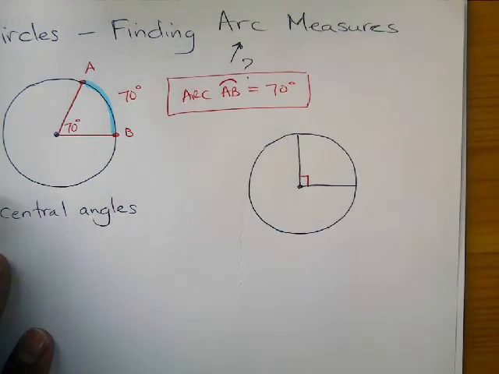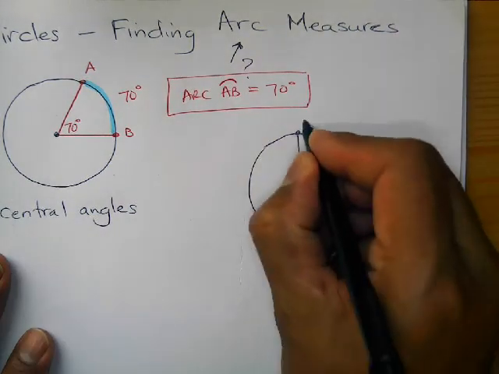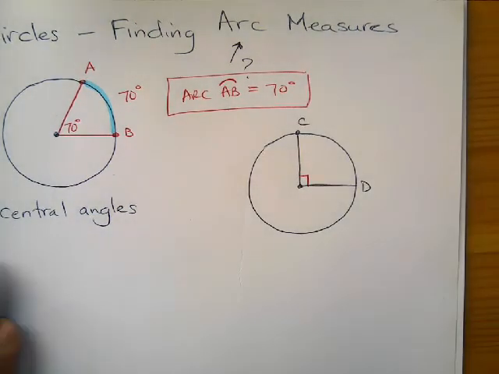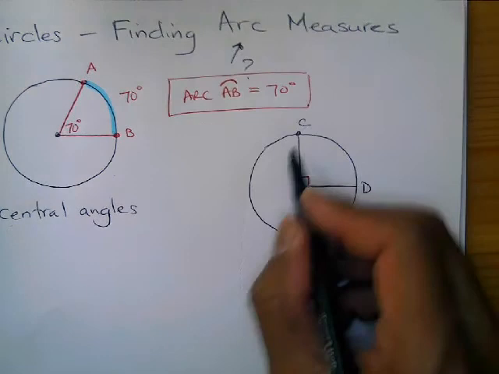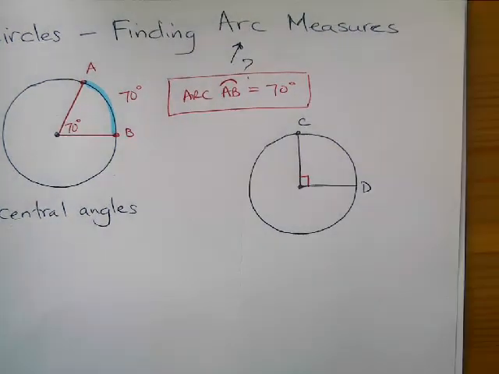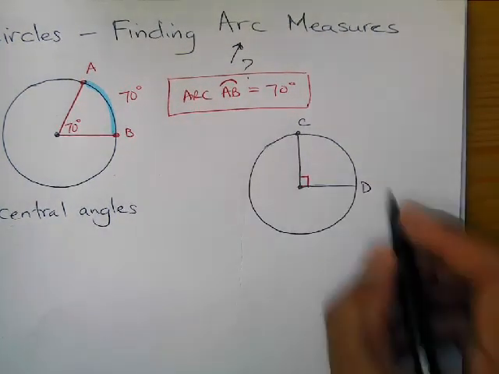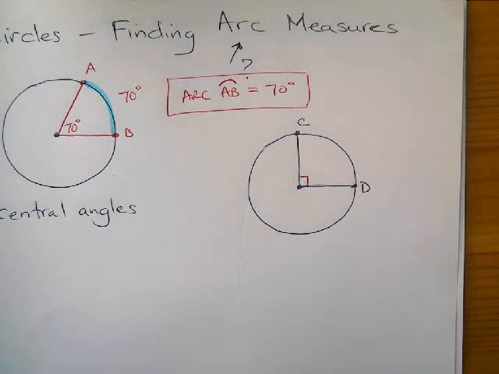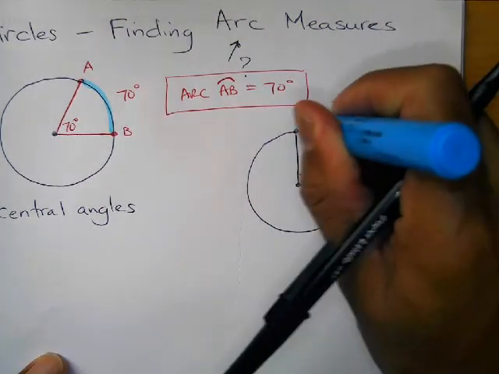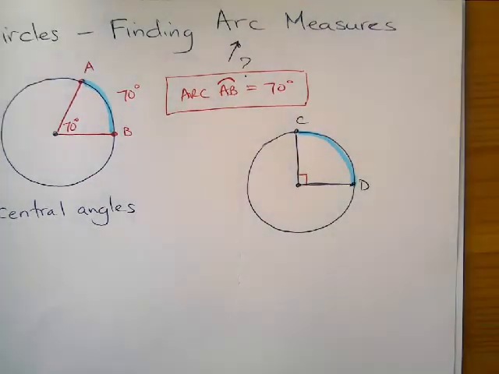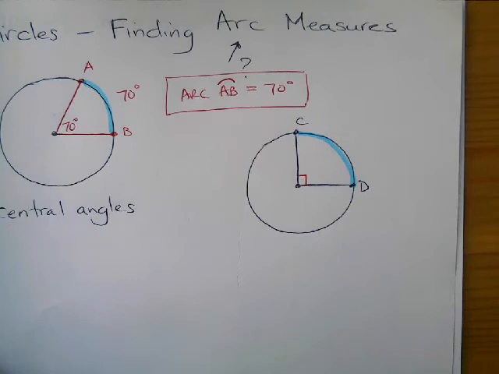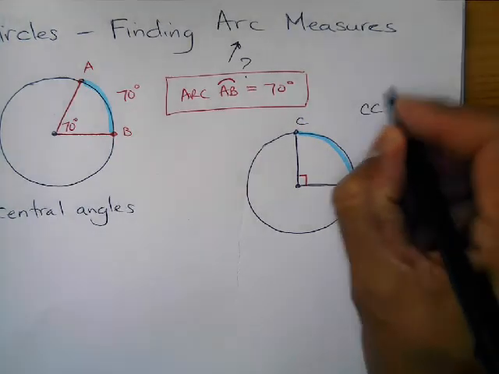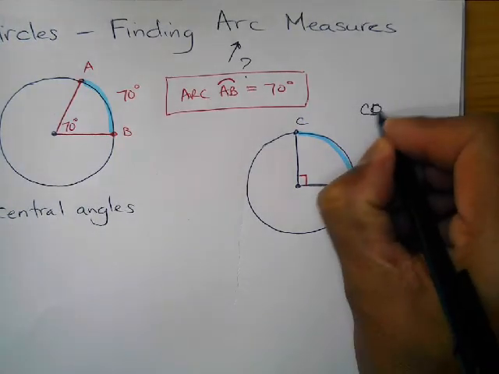What's this one here? Let me call this arc CD. What is this right angle here when it looks like that? How much is this arc CD? Well, isn't that the 90-degree symbol, right?